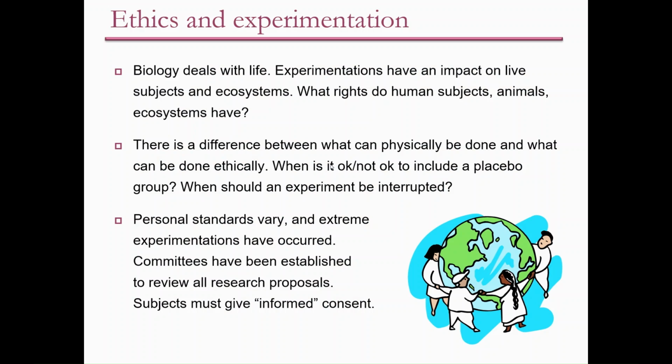Okay. And then another one, when should an experiment be interrupted? Okay. And so a good example of an experiment that should have been interrupted and actually had multiple ethical issues, and it is a horrible experiment, is the Tuskegee experiment. Okay. So the study initially involved 600 black men, 399 with syphilis, and 201 who did not have the disease.